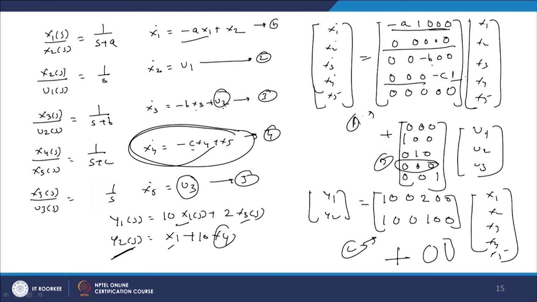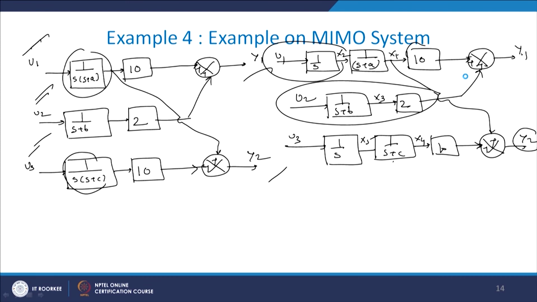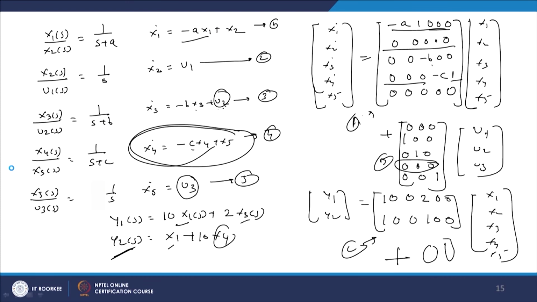About x5 dot, we have u3, you can again check it. So, we can write down the elements as 0 0 1, and the other elements are 0 0.